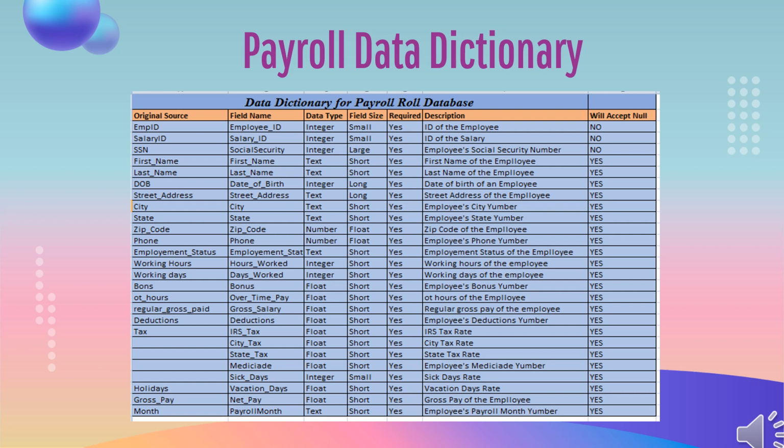We have last name, date of birth, street address, city, state, zip code, phone number, employee status, working hours, working days, bonus, overtime hours, regular gross pay, deduction, tax, holidays, gross pay month.